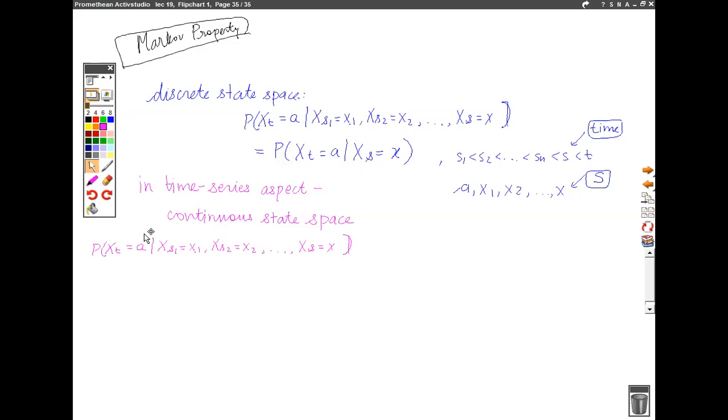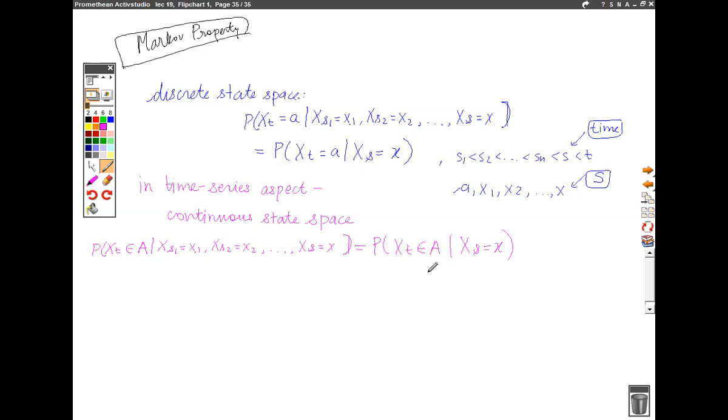So what you do is you take an interval A, and you calculate the probability that your xt will belong to this particular interval A given all of this. And that will just be equal to the probability that xt belongs to this interval A given that your xs is x.